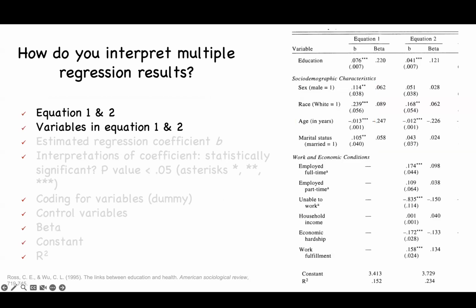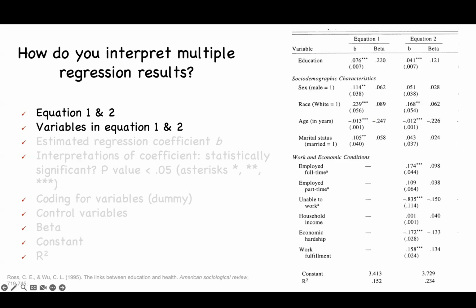This table is from the article published by Rose and Wu 1995. Again, it's available on Quackers. This paper aims to answer the question whether more educated people tend to be in better health than less educated people. If so, what are the reasons? This table presents the multiple regression results from a survey of 2,000 adults in the US.